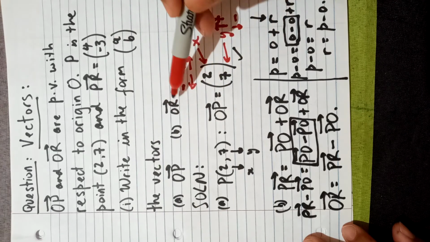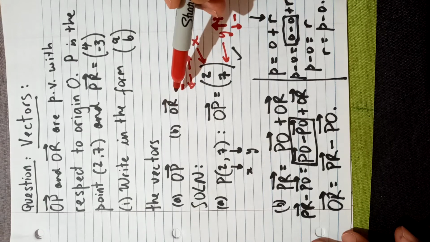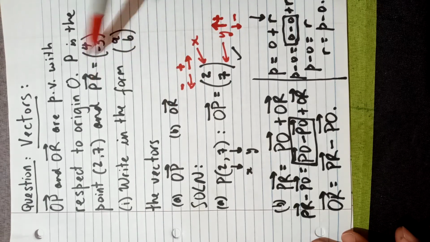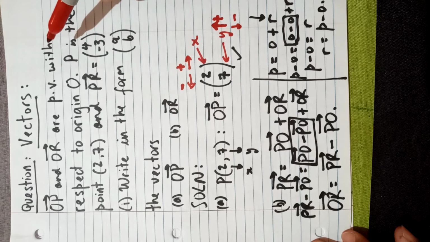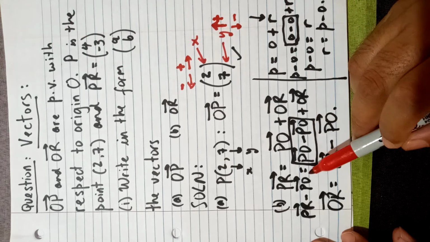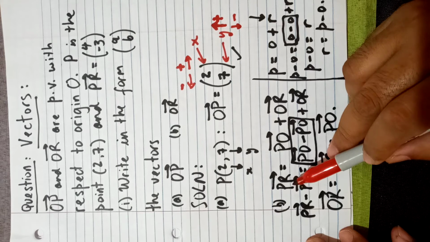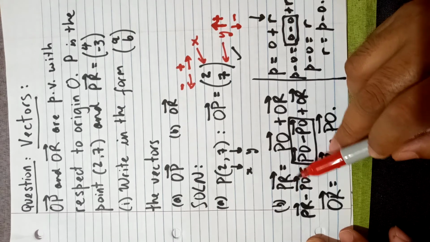Let's look at OR now. Clearly we're going to have to use the second piece of information in the question to work out OR. As you can see, we can look at PR and get OR. What we're going to do is write the vector equation for PR.